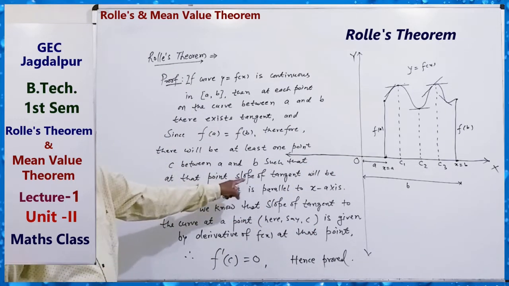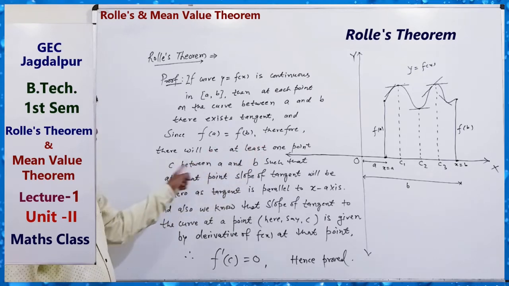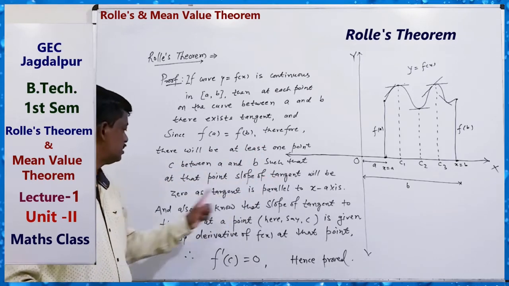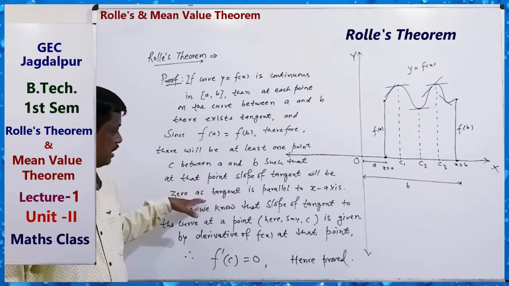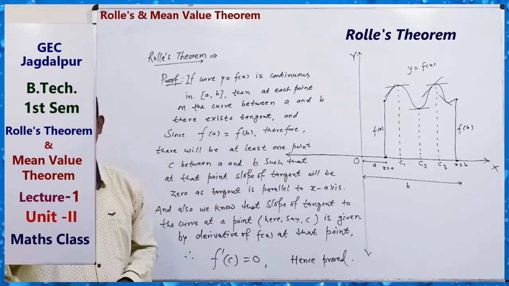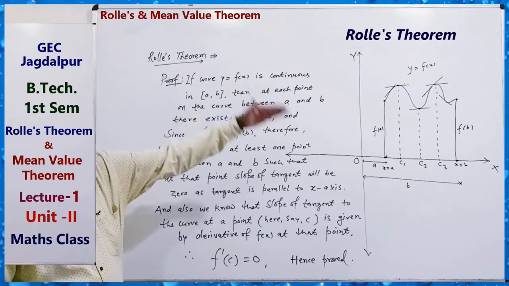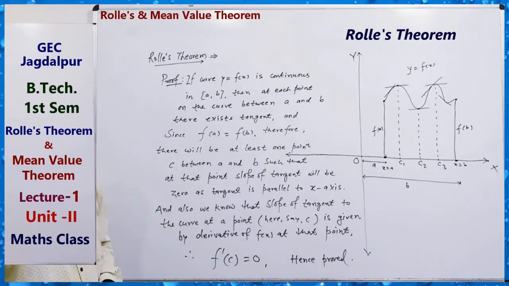At the point C, the slope of the tangent will be 0 because the tangent is parallel to the x-axis. Okay?